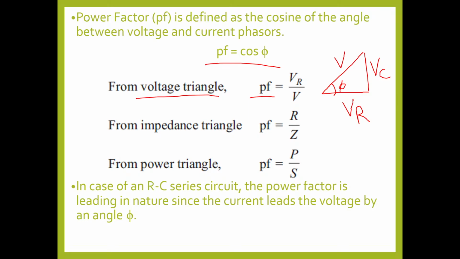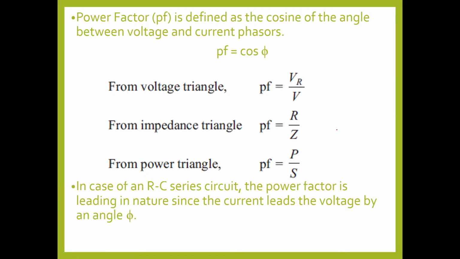So what is cos phi? Base by hypotenuse, VR by V. So that is the power factor from the voltage triangle. Similarly, the power factor from the impedance triangle.